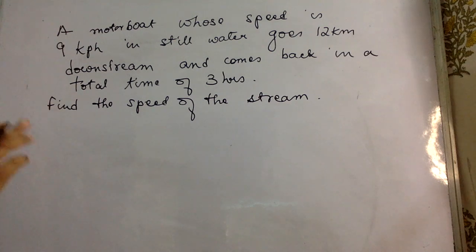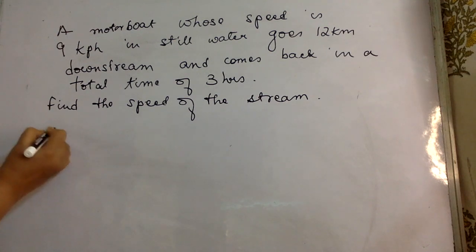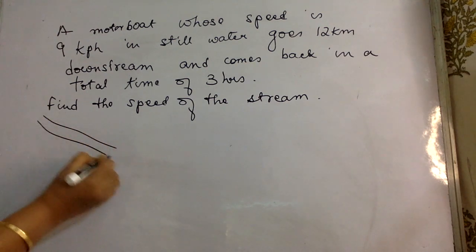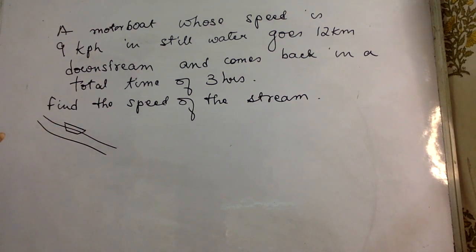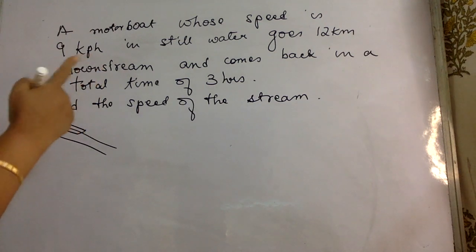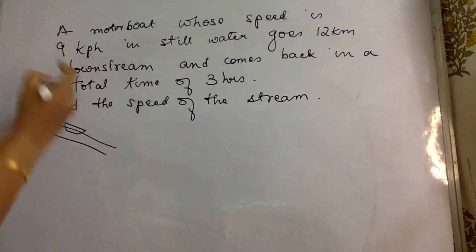Now remember, if there is a river, a stream, and a boat is in this stream, if it is going in still water, its motor has its own speed with which it can run in flat, level water. So that is the speed in still water, that is 9 kilometers per hour.